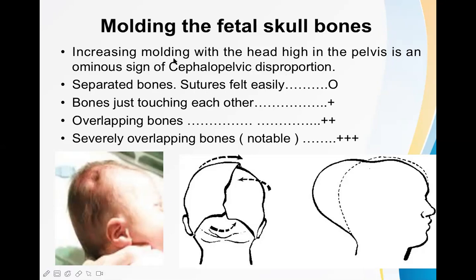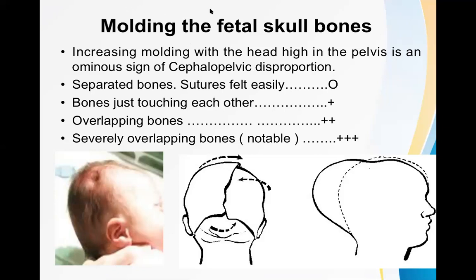If excessive molding has already occurred when the head is not engaged, the head is still very high in the pelvis, that is a clear-cut feature of cephalopelvic disproportion, meaning the head is not entering into the pelvic cavity at all. That means the diameter of the pelvis is less than the total diameter of the head, and this is known as CPD, or cephalopelvic disproportion.